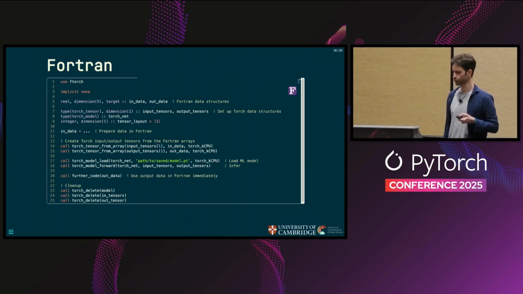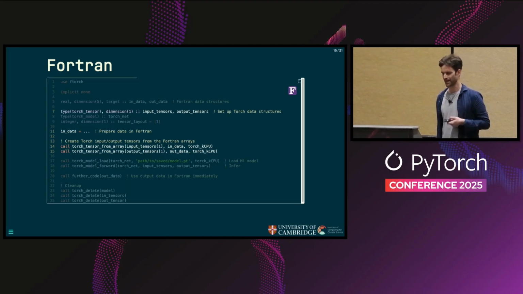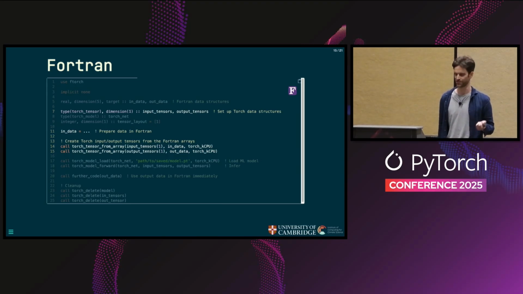I want to show a bit of Fortran code. So we bring our library in, use FTorch, then we declare our input tensors and output tensors. These have torch tensor types. We create some input data. This could be our density, pressure, etc. And we alias our input data with our input tensors.